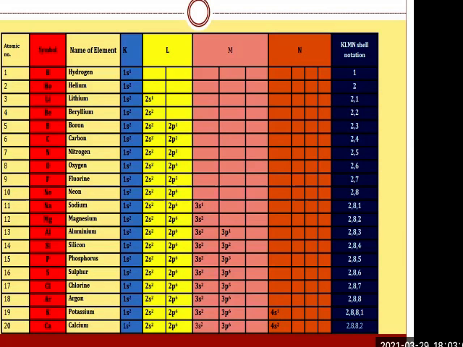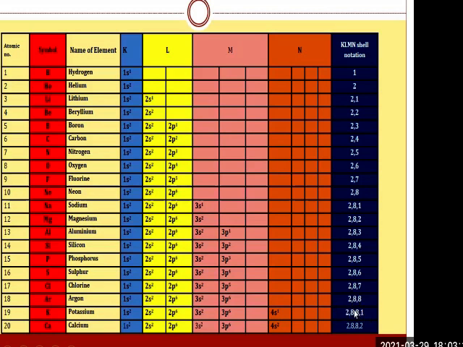Similarly, moving ahead, sodium has three shells, K2, L8, M1, 3 digits, down to argon, 3 digits. So sodium down to argon belong to the 3rd period.